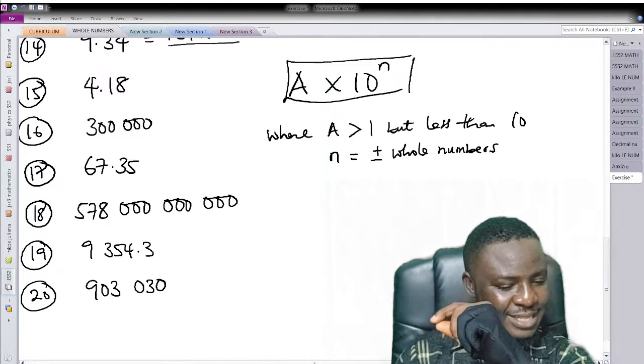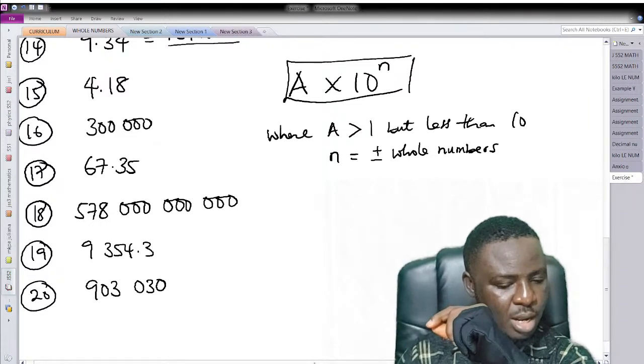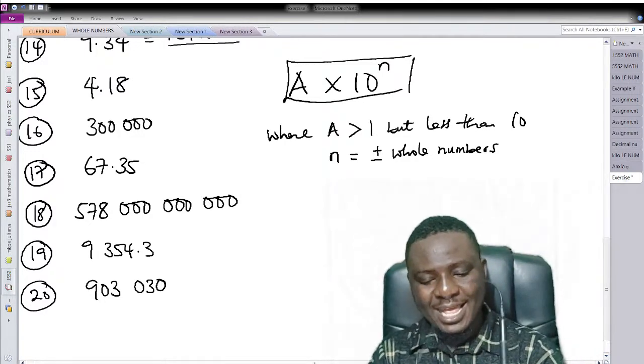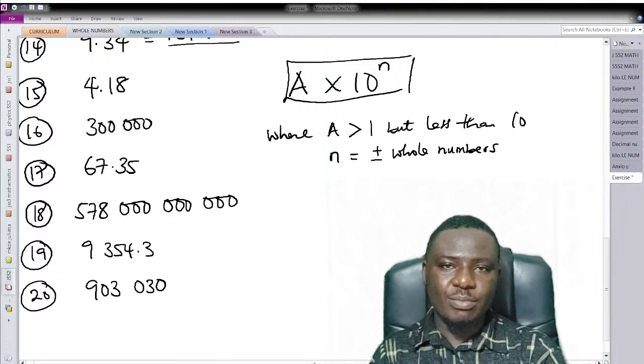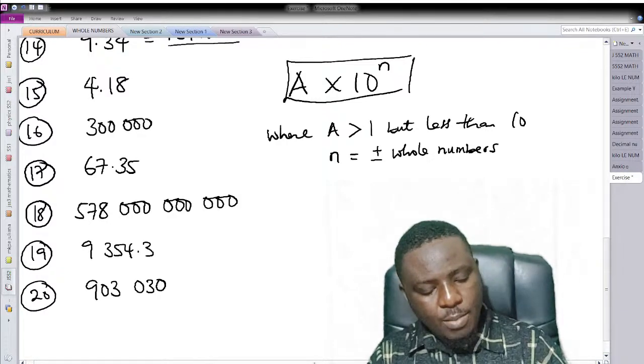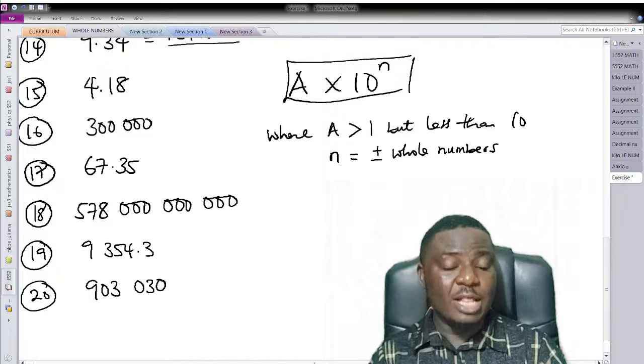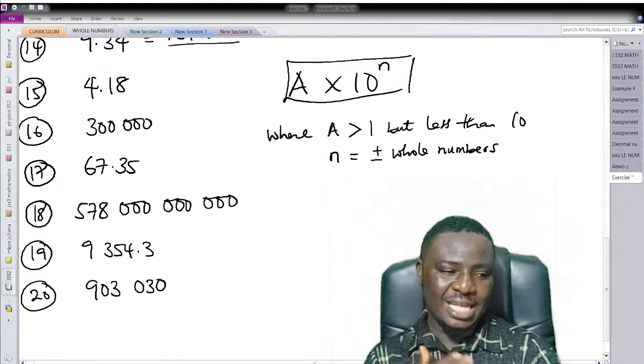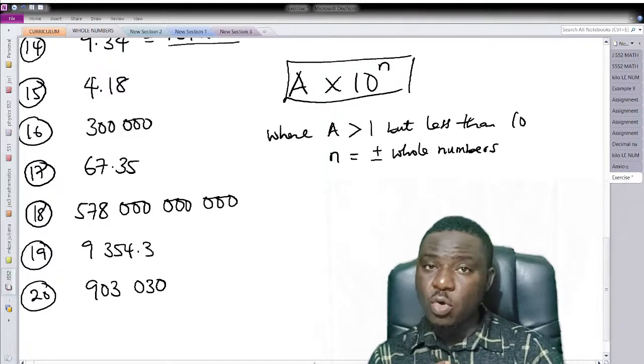9.03030 times 10 to the power 2. Okay, that's correct, Miss Ebong. But also, you can do away with the last zero because that zero is not significant.